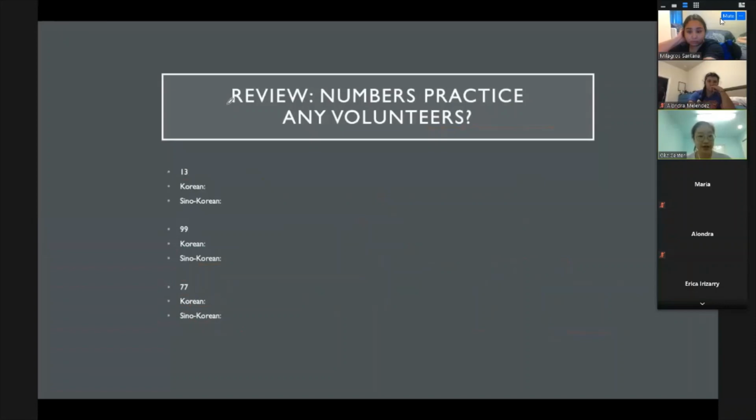Okay, so we went over the numbers last time. Could anyone volunteer to count this number 13 in Korean? That's this in Korean.